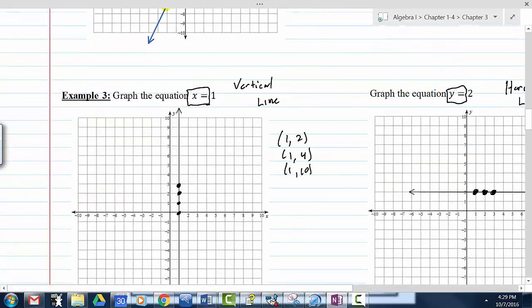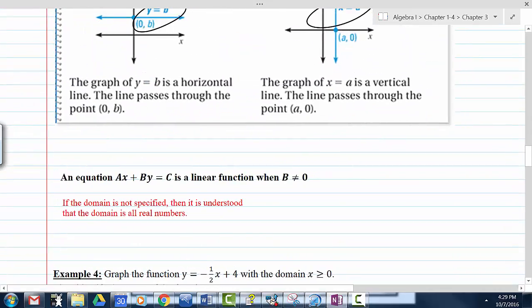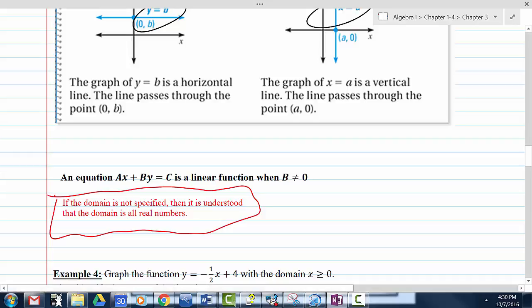So let's use that for the other part we have here, where it says an equation ax plus b, all that good. Let's actually get down here. A domain, if it's not specified, your domain is everything. The problem up there, we start out with 3 numbers, and then when I put on the line, you're talking about a whole bunch more numbers.